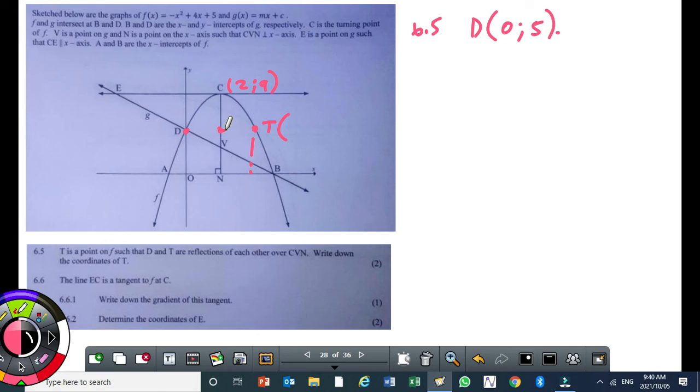Since we are going to reflect about the line CB, the distance from here to there is going to be the same as from this point to that point. So what would be the value of X? It would be 4. So the coordinate of T: X will be 4, Y will be 5.